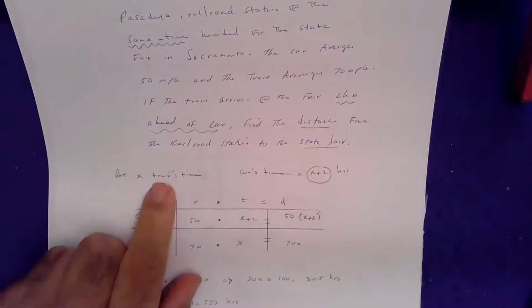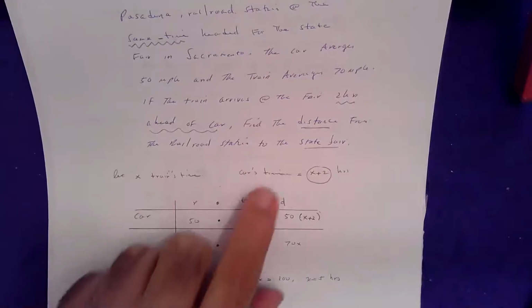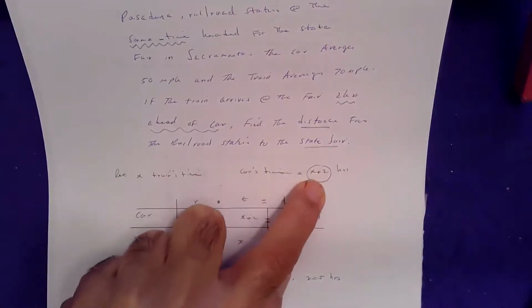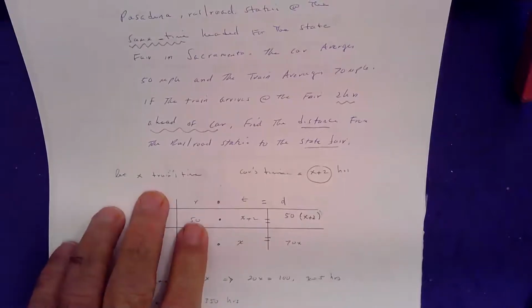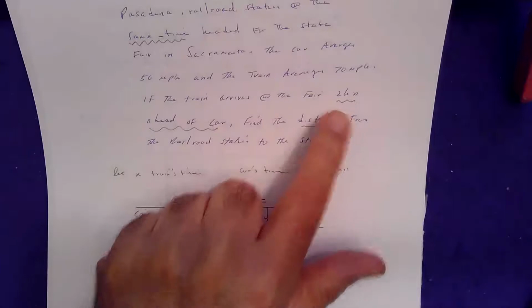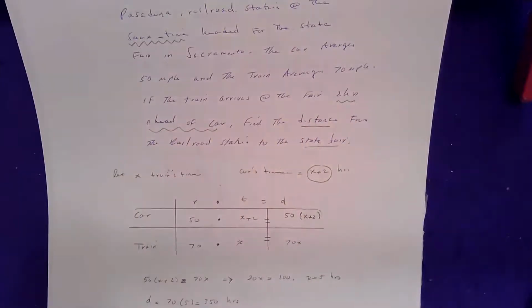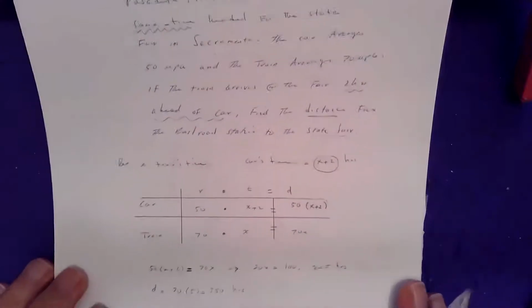So if it took x many hours for the train to go from Pasadena to Sacramento, it took x plus 2 hours for the car to get to the same destination. In other words, if it took 6 hours for the train to get there, it took 8 hours for the car to get there. Why? Because the train got there 2 hours ahead of the car. Do you see it? So we have to add 2 hours to the car's time.